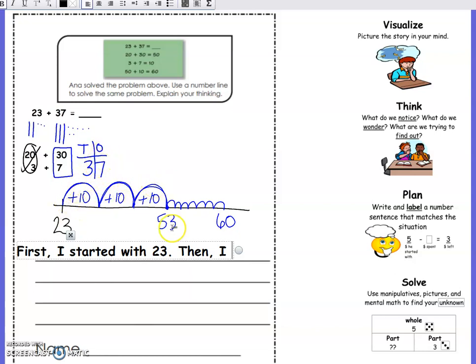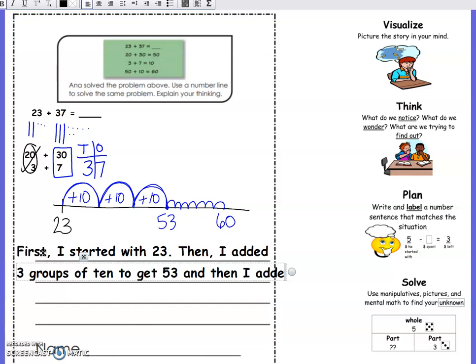We added 3 groups of 10 to get 53. And then I added, I'll put it down here, added 7 ones. Okay, so we have our tens and our ones.